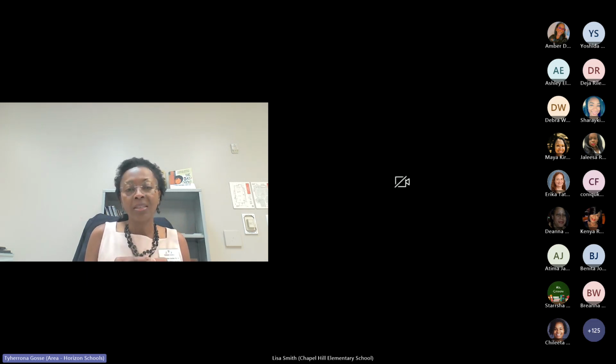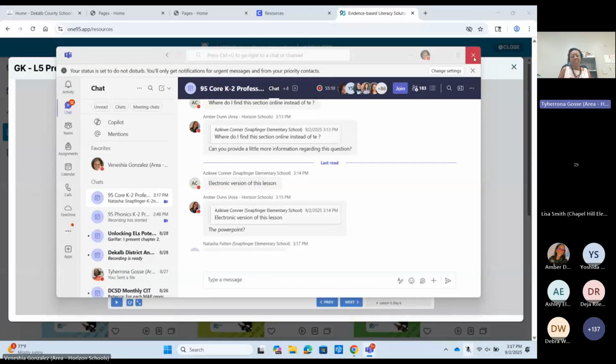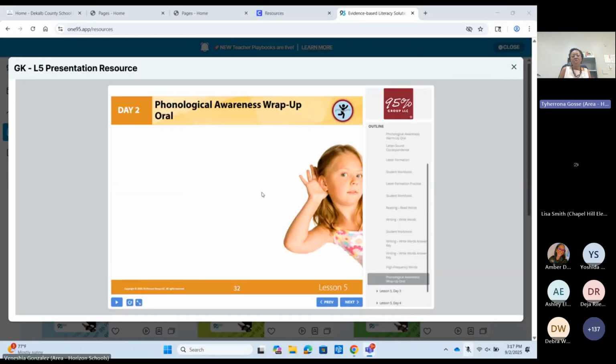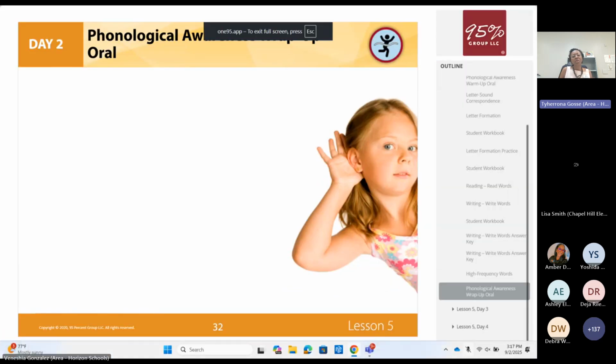So please, please, please, I beg of you, ensure that all of your students receive this and it's explicit. You saw that I put my little things in there, but I did not take away from the content. I did not take away from what was explicitly noted here. And that's what we want you to do. It is important that we're doing this with fidelity and we're following this to the letter.